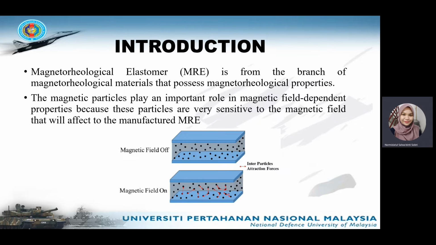The classification of this smart material is MR fluid, MR foam, MR gel, MR elastomer, and more. MRE, which is magnetorheological elastomer, is from the branch of the magnetorheological materials that possess magnetorheological properties. The magnetic particles play an important role in magnetic field dependent properties because these particles are very sensitive to the magnetic field that will affect the manufacture of MRE.